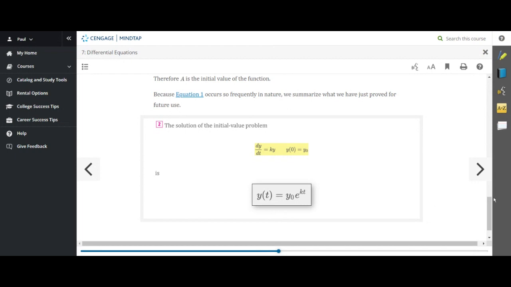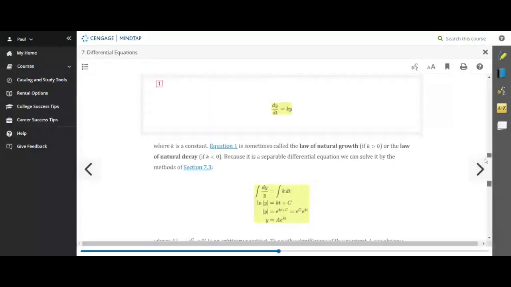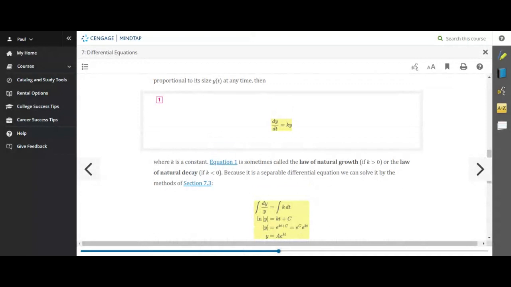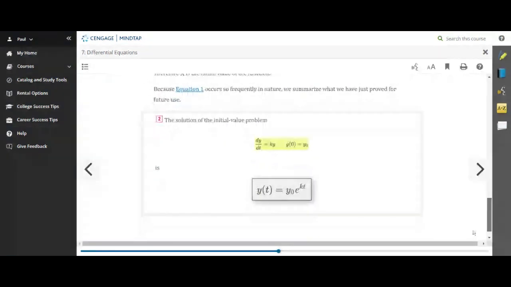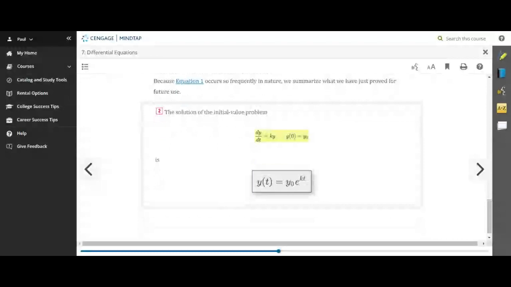They solve the differential equation just like we solved it for our example. They solve it below, and when they solve it, they get to the result. So you can utilize this formula in section 7.4. Of course, I would be very happy to see you start with the differential equation, separate the variables, and solve. But it would be a little repetitive because it's basically the same differential equation for every problem.